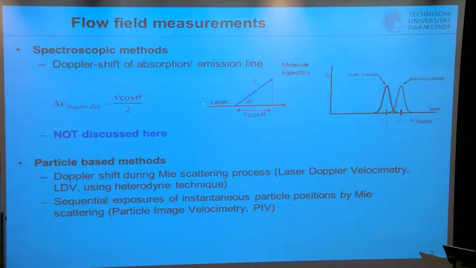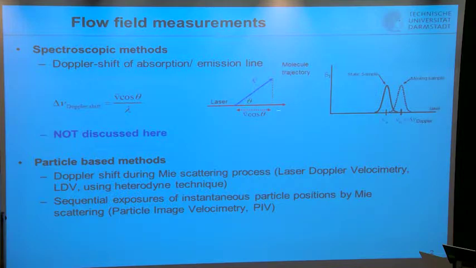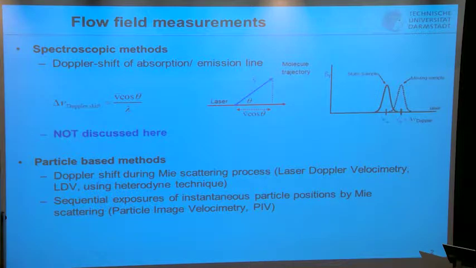In absorption, you have a laser, and it's about the projected velocity onto this laser direction, which is v times cosine of this angle theta, giving rise to a Doppler shift. Your absorption profile, which has maybe something like 0.2 wave numbers full width at half maximum, is shifted such that you can distinguish the shift of the central frequency.